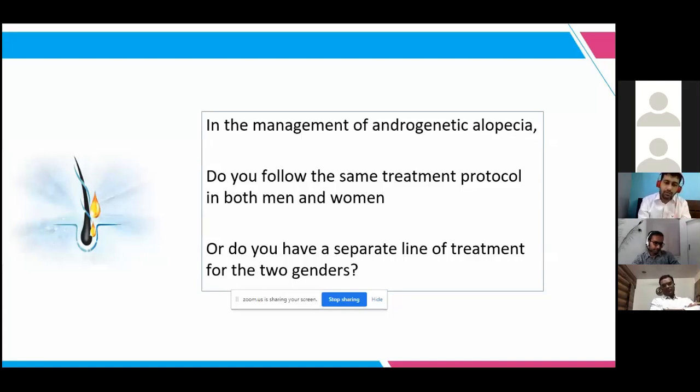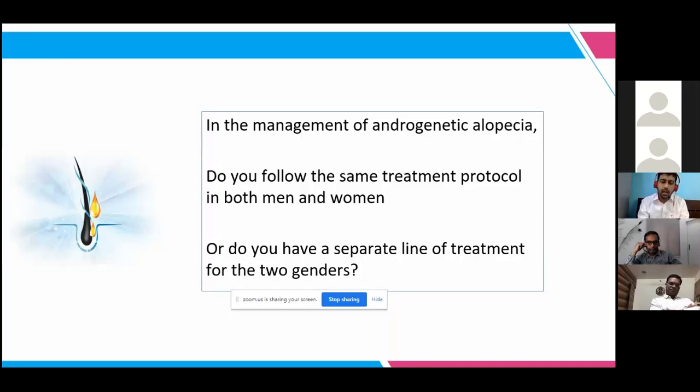So we start with 5% topical minoxidil in any vehicle, maybe 1 ml twice a day for men and maybe 1 ml at night for women to begin with, and then we observe them over a period of 3 to 4 months. When we talk about the oral medication, apart from the nutrition supplements which are added for most of our patients, finasteride is started for young men so as to prevent the progression of balding and to achieve early coverage of the scalp or maybe to increase the thickness of the hair.